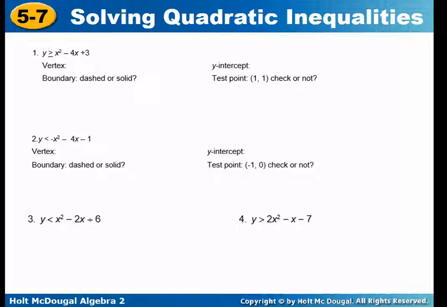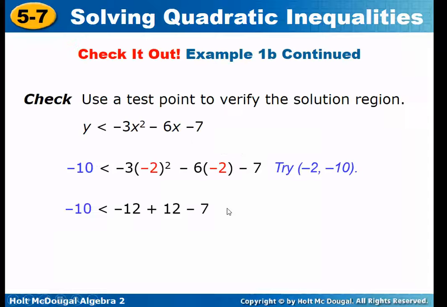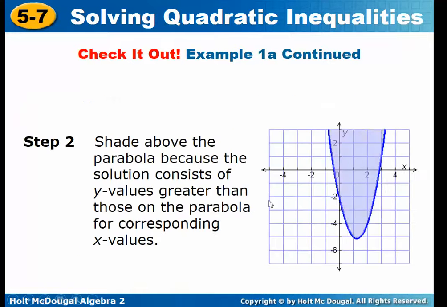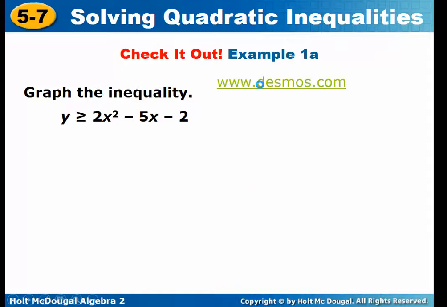So number 4 says y is greater than 2x squared minus x minus 7. So I'm going to go back to Desmos, and in order to not get out of the lesson, I'm just going to go back to where I had the link. There it is.